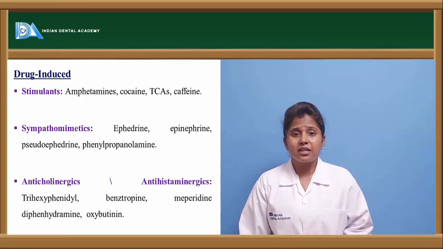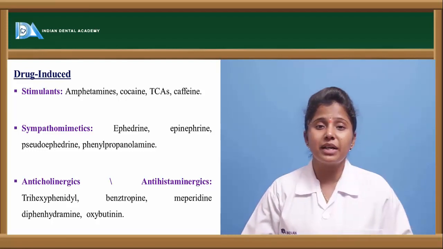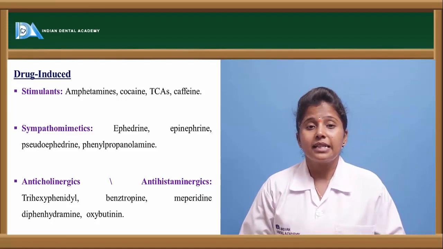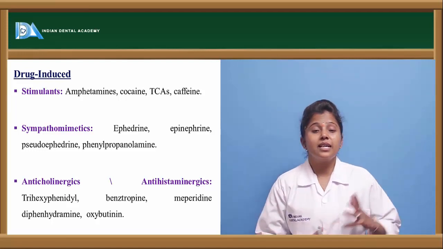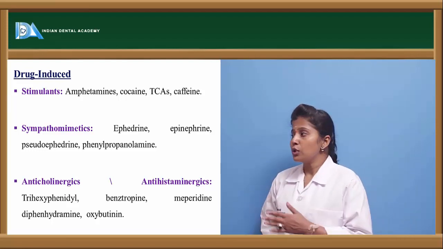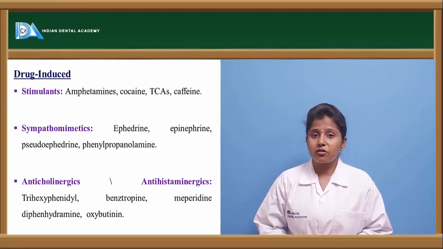So these are the drugs which are used. For example, if we see caffeine, caffeine acts by a mechanism where brain stimulation takes place, thereby the person is getting awakened and the person will be in an anxiety state. So these drugs, if they are used for a longer period of time, then definitely they cause anxiety.